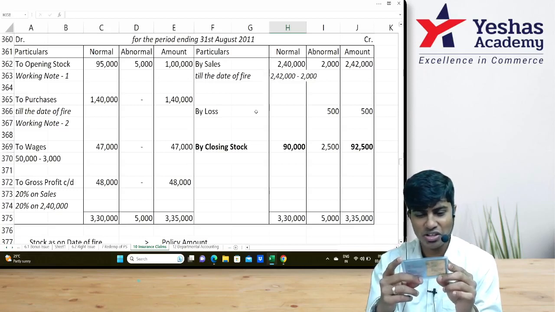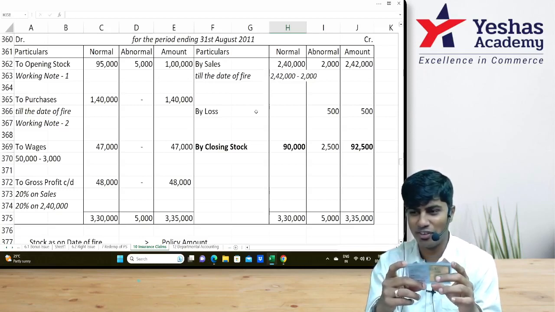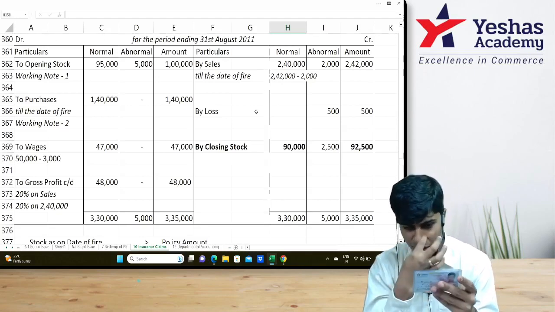Student Dinesh D, batch number 10915, trained in December 2022, topper of the batch.